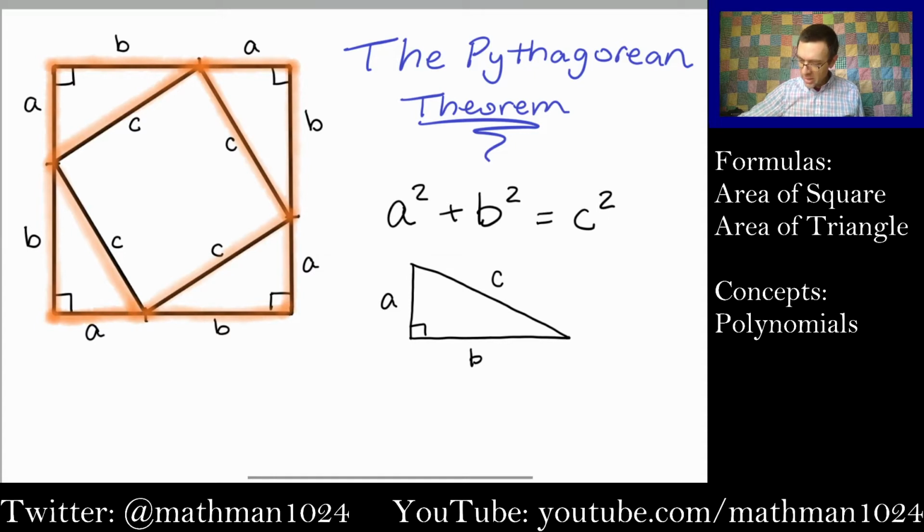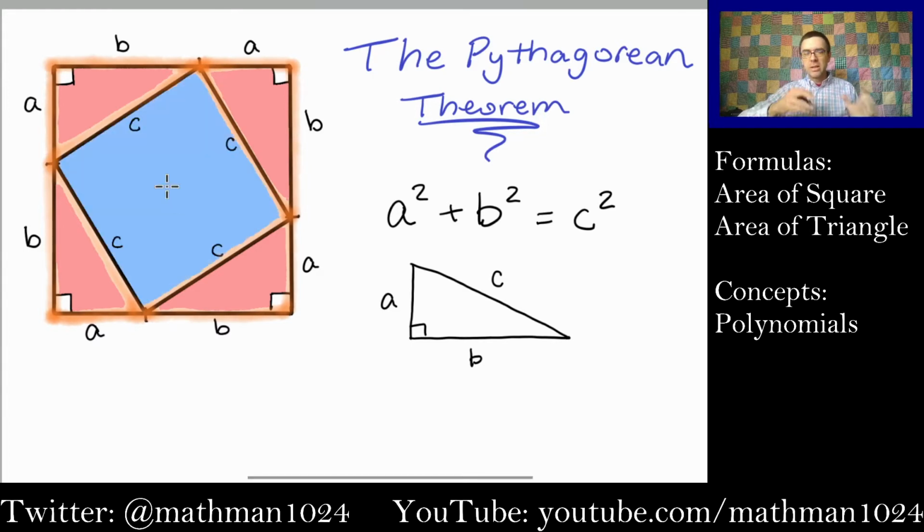I want to take the area inside each of those triangles, and see how the combined area of those four triangles, which are exactly the same because they're all a, b with the same hypotenuse, compares to the area inside the square. Because if you look inside there, we basically form a square with side c. At least that's what it seems to be, right?